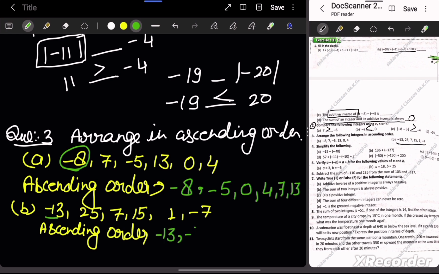Next minus 7. Next 1. Next 7. But we have a concern: minus 7 and plus 7. Both integers are present, negative and positive, so be careful for minus 7 and 7. Then 1, 7, next 15 and last 25.